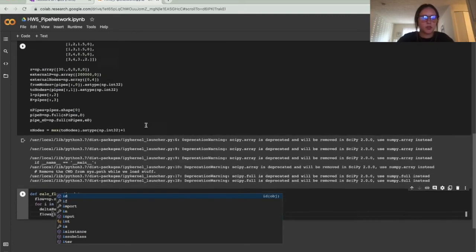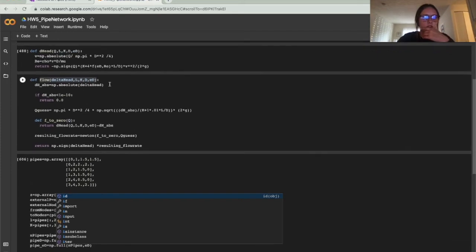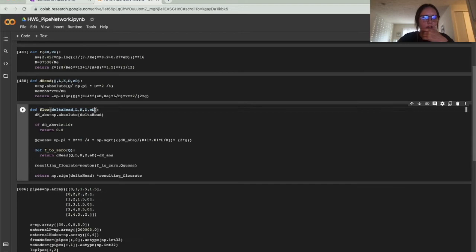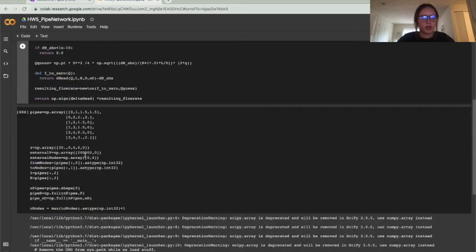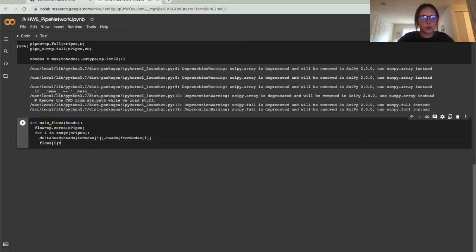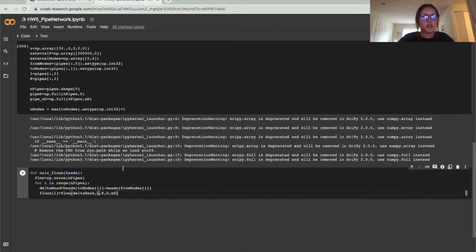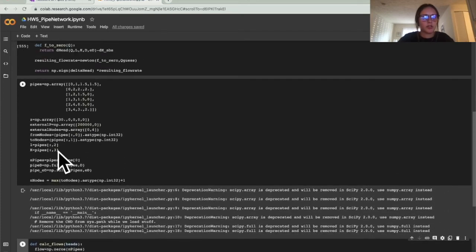And this is going to be using this flow that we had up here. So we will copy that. So that will equal flow, with delta head, and this L and K and D and ED need to match up here.